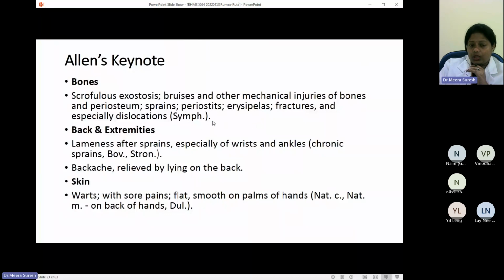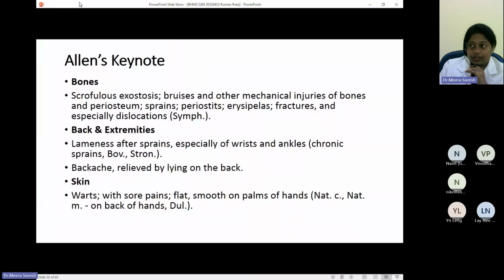But I have seen certain situations where I wondered why Ruta is given when even Symphytum could be given. I asked this because it is the bone and they doubt a fracture, a small fracture, a hairline fracture, especially in the small joints. I have seen my teachers prescribing Ruta instead of Symphytum.